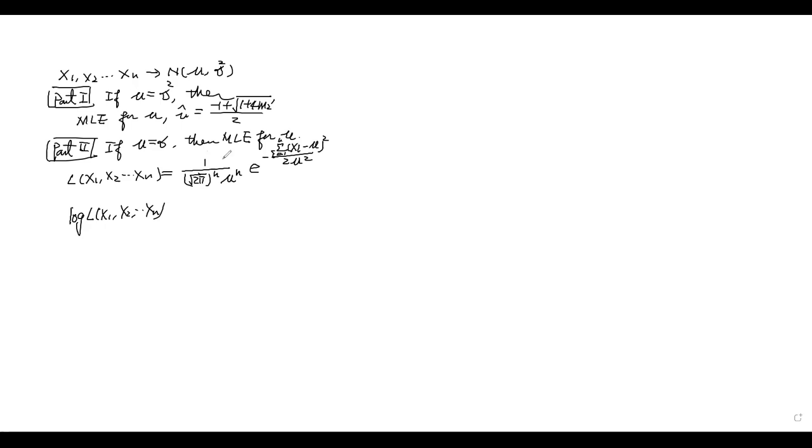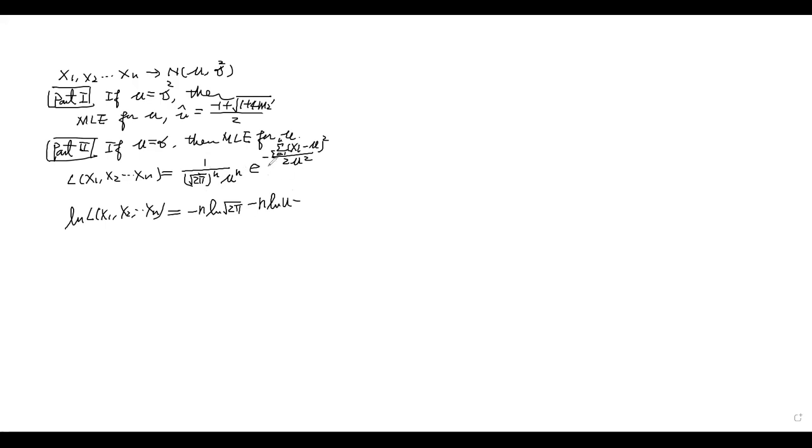Let's put the natural log here. When we take the natural log, it will be n natural log of the square root of 2 pi, and then this term will be negative n natural log mu.